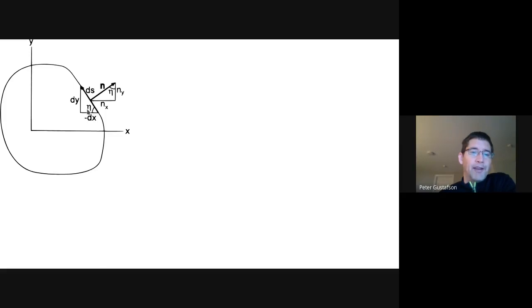So we can relate how much, for any given unit length, this ultimately can be thought of as a tangent normal coordinate system. So you have a normal direction n, you have a tangent direction s, and the relationship between n and s now is a function of the surface normal, which can be related ultimately to this angle eta as well.